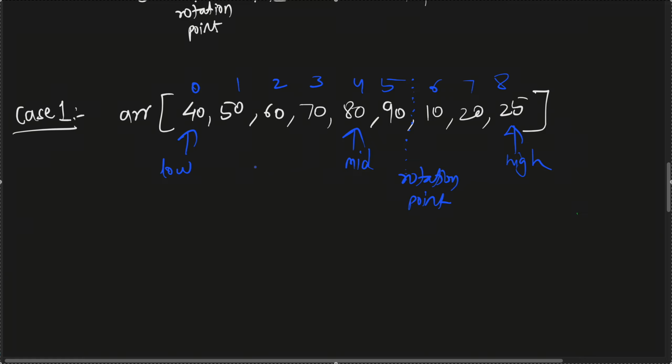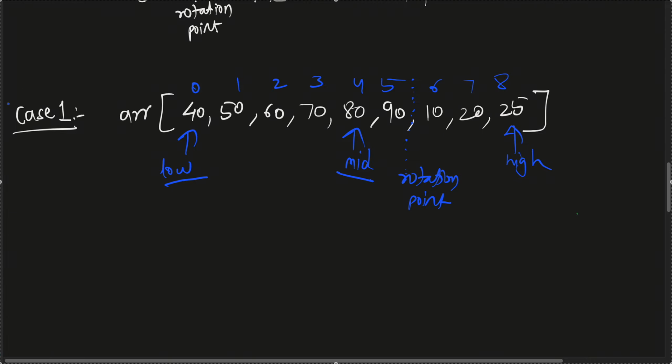And can you see one more observation? Let's check whether all the elements present from low to mid are sorted. Yes, they are sorted: 40, 50, 60, 70, 80. Are the elements sorted from mid to high? No, they are not sorted, because 80, 90, then 10, 20, 30, right?